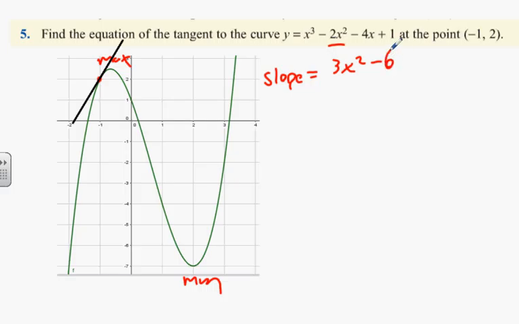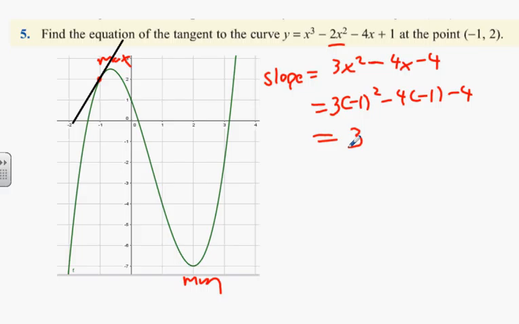You're going to replace x with minus 1, and we get 3. 1 across and roughly 3 up. So that's a slope of 3.